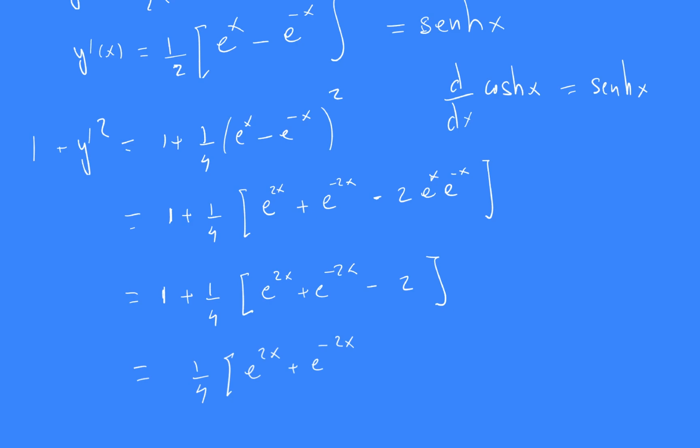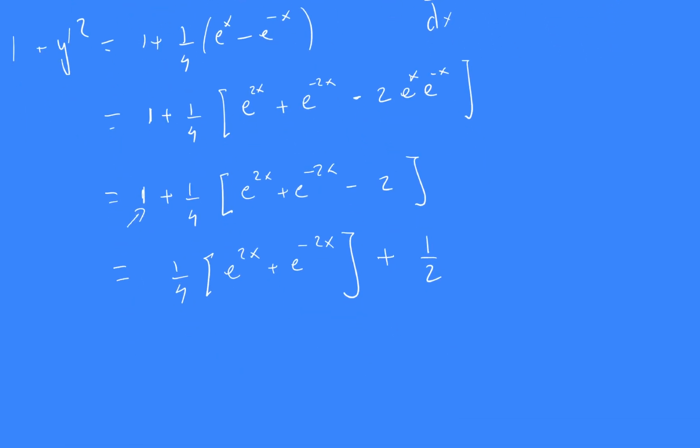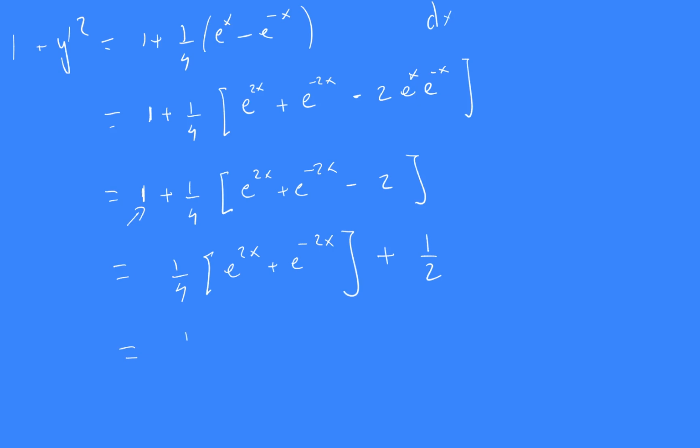And now I have the 1 here, and I have the minus 1/2. 1 minus 1/2 is plus 1/2. Oh, wow. Let me do it again. So it will be 1/2 that multiply 1/2 e to the 2x plus e to the minus 2x plus 1.